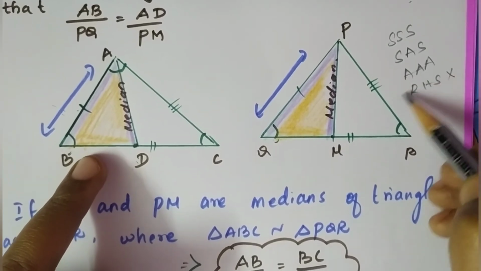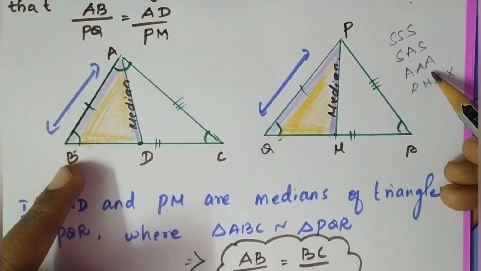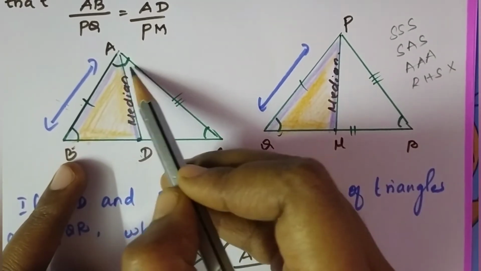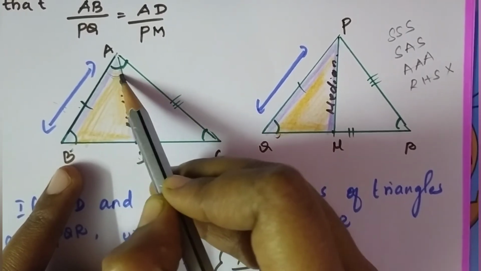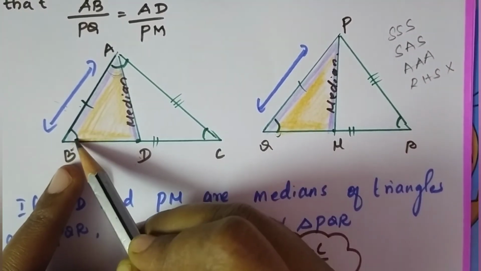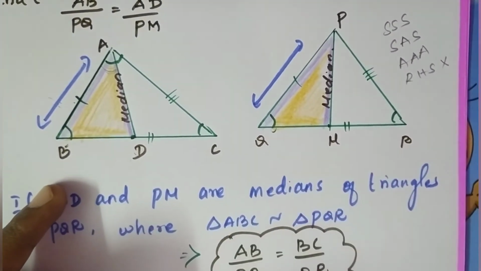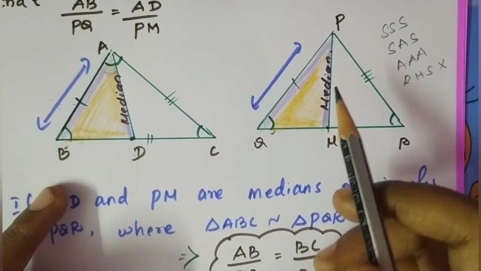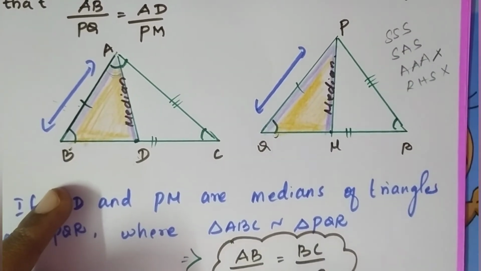They didn't mention the half portion. We know the full angles are equal, but for angle B and angle Q we have only one angle, so we can't take this one also.